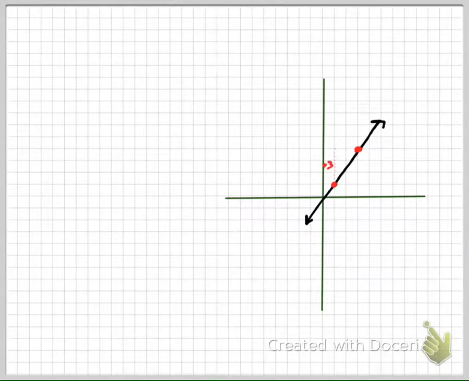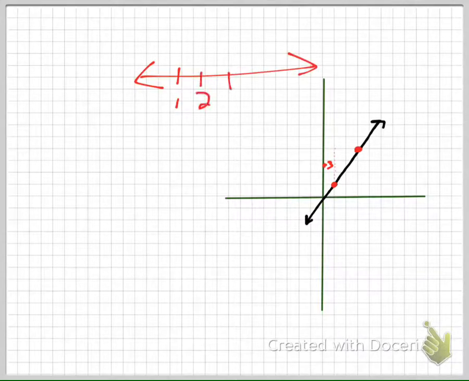Does that make sense? Now you'd go from here to here, right? What did I do? I went to the right 2. Going to the right, we've been doing this your whole life. On your number line, if you go from here, 1, 2, 3, 4, what is going to the right? It's going up.